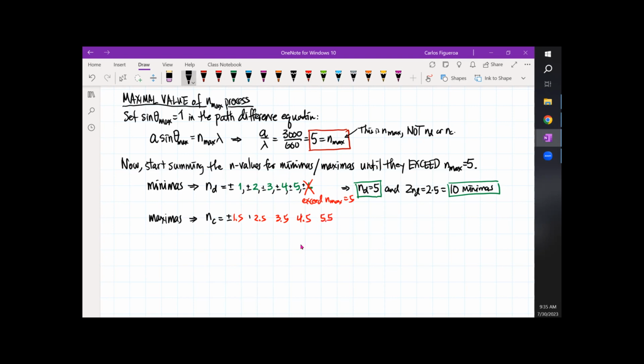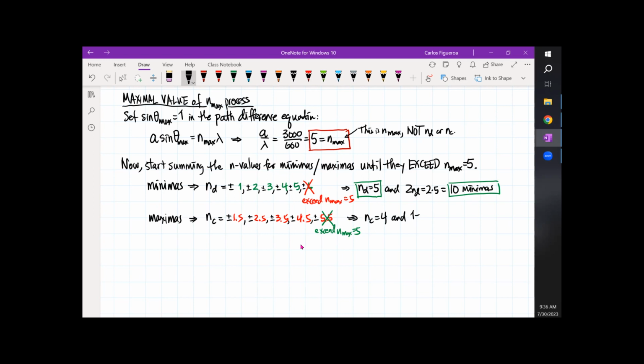So now, if I start looking at these, you could see that when I get to 5.5, that has now exceeded Nmax equal to 5. So the sequence stops. So now if I keep going along here, then I have Nc equals 4.